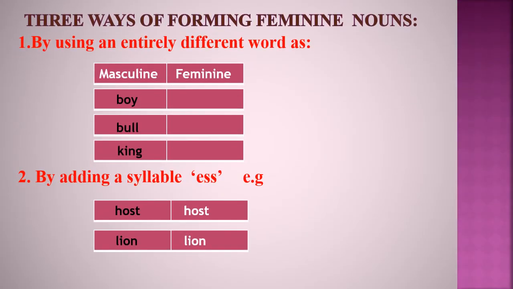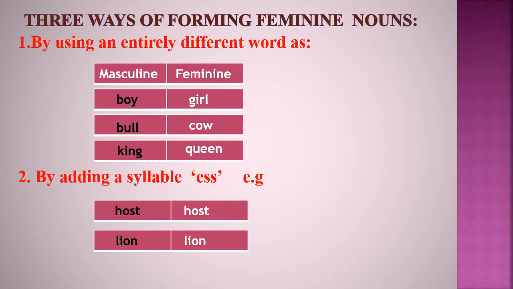There are three ways of forming feminine nouns. Number one, by using an entirely different word. Now look at these examples. Masculine and feminine: boy, girl, bull, cow, king, queen. Now you can see masculine and feminine are totally different from each other.